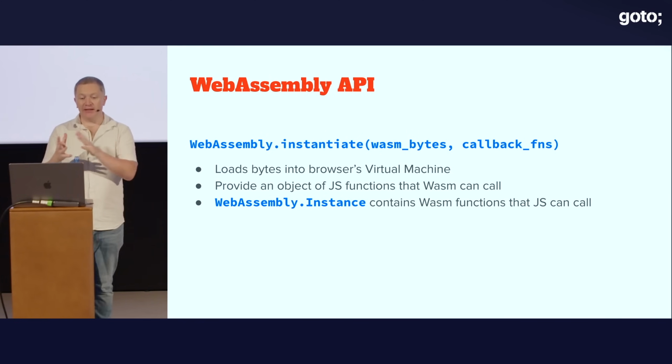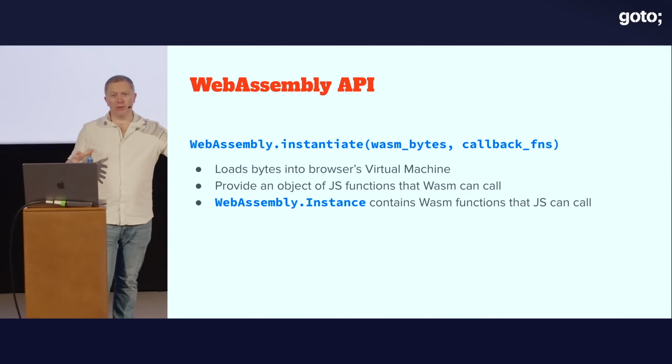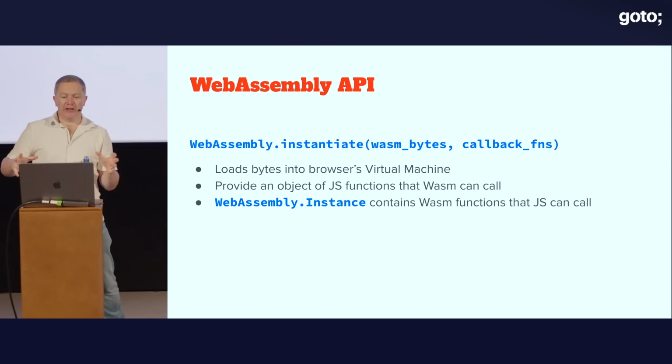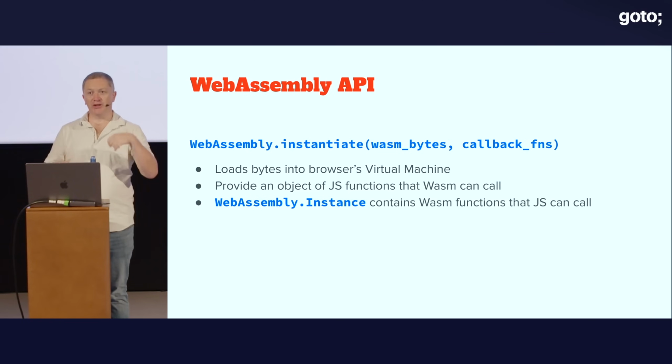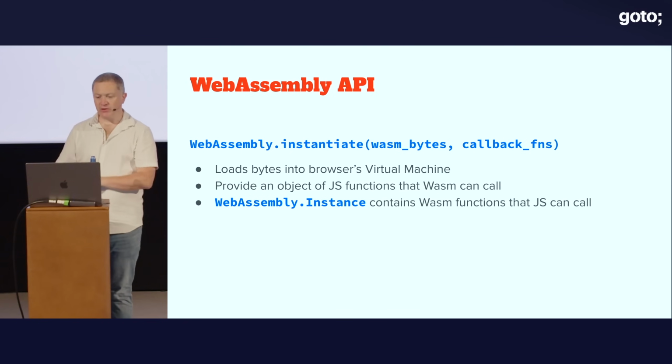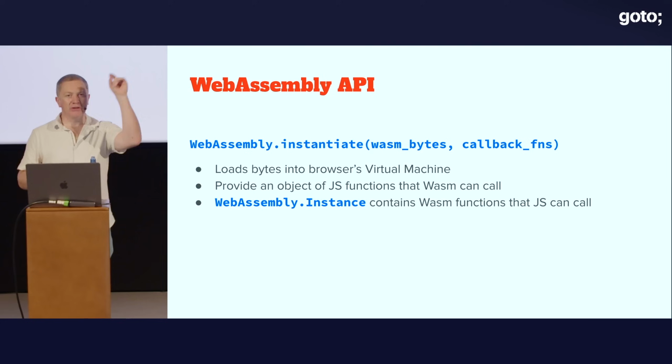So instantiate is just creating an instance. This is one of the functions that are built into the browser that you can call. You give it some bytes, which are the WebAssembly binary format. You give it an object with some callback functions in it. So if you want your WebAssembly to call back out to JavaScript, you put them into an object, which lets you give them names.